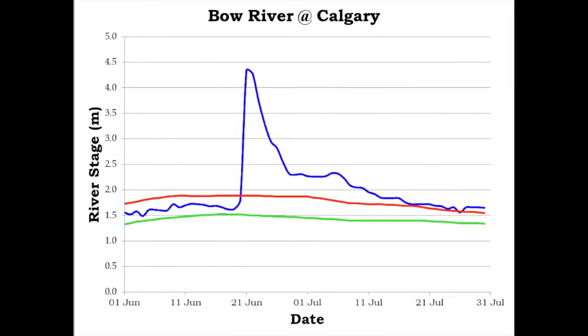So here's what happened, and this is a variation of what you've seen a number of times. You'll see many more times, I'm sure, over the next 2 days. Significant high rise in river stage, fairly short duration peak, followed by rapid decline. And then interestingly, near the end of June, you can see that we got down to a river stage of about 2¼ meters.